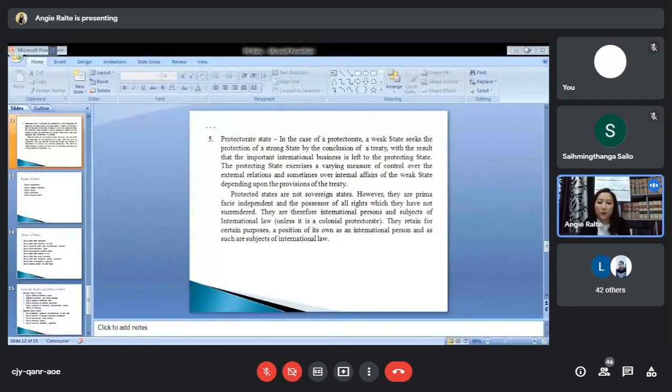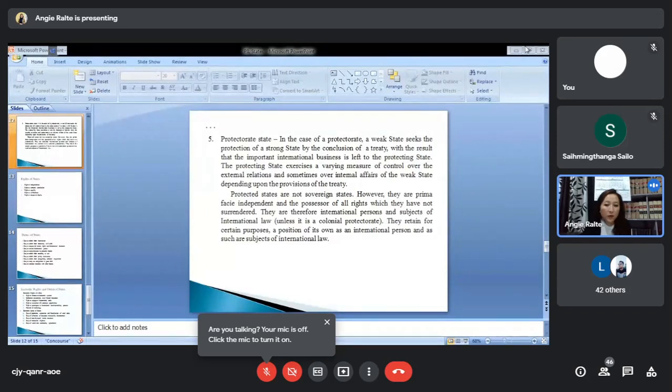More so, in a colonial protectorate, colonies can take full or partial political control, and in international persons they are less subject to international law. A protectorate state, however, retains for certain purposes a position of its own as an international person and is a subject of international law.